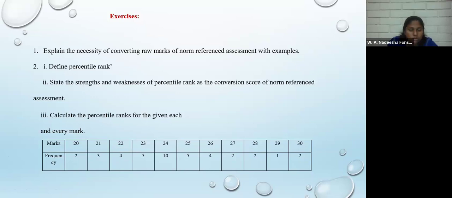I'll give you about 5 minutes. So you have to find the percentage mark also, then percentile cumulative frequency. Then I will do it. Try to do it. Please all try.